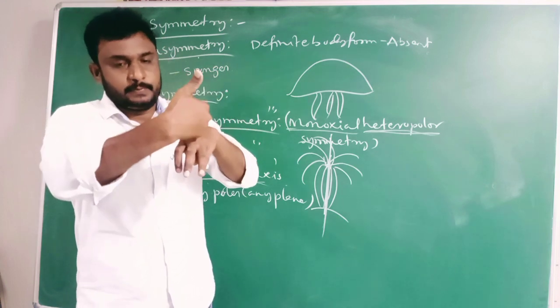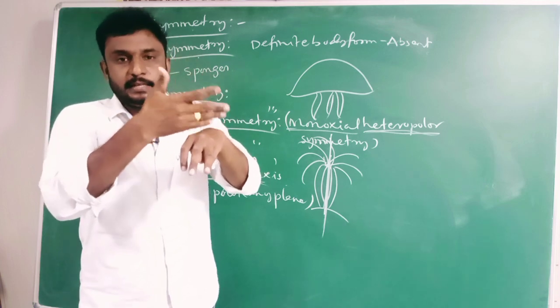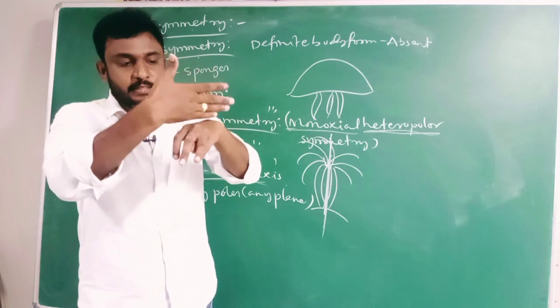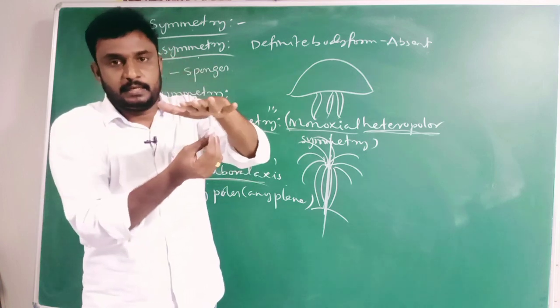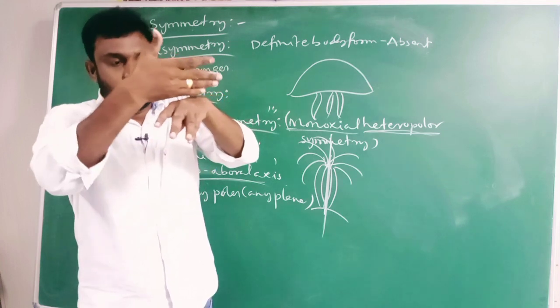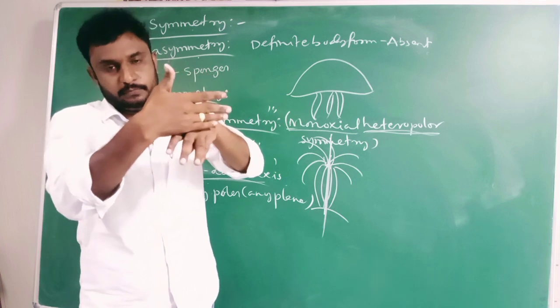This plane, this plane, any plane that passes through the central axis, not in the cross section. Central axis means here the stick of the umbrella. That can cut the animal into two identical halves.